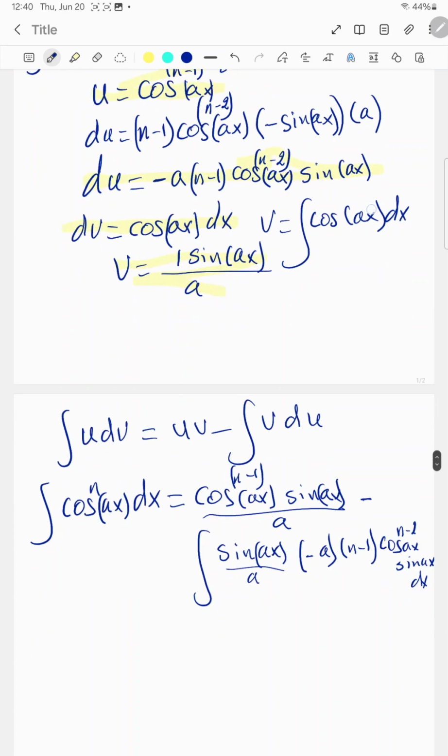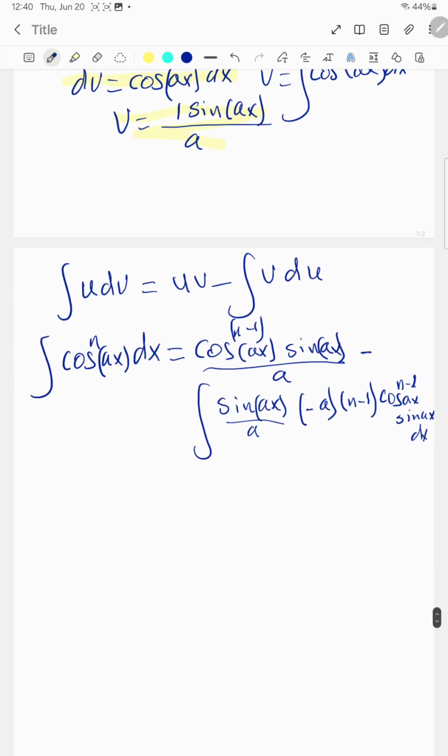Okay, let's write it in a better way. So my integral of cosine to the power of n ax dx is equal to cosine n minus 1 ax sine ax divided by a.